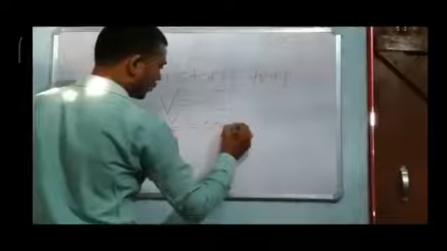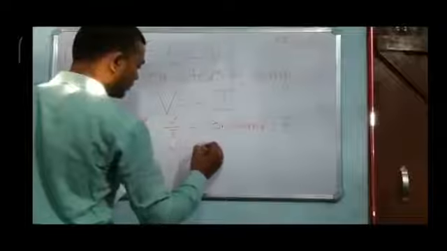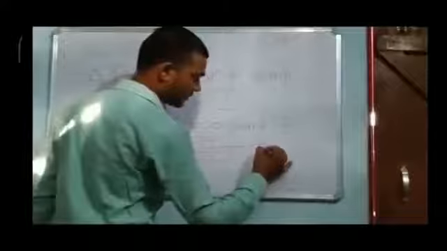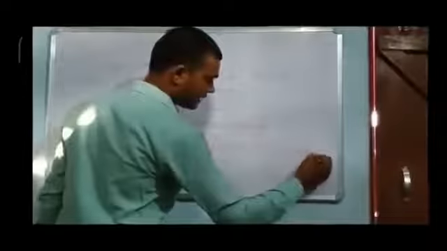V upon I is equal to a constant, which is R. Now we are able to write V equals IR. So, when we remove the proportionality sign, we have to add a proportionality constant. This proportionality constant is resistance. Resistance is a property which resists the flow of electric current.